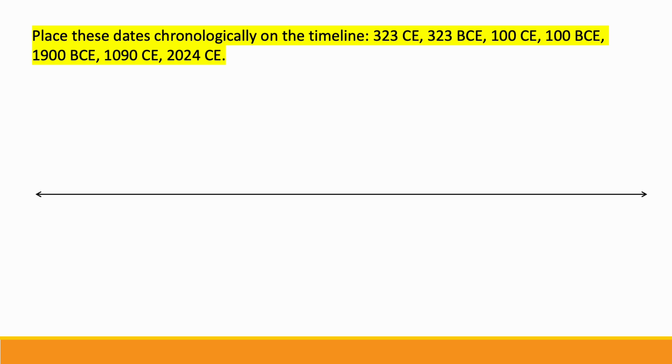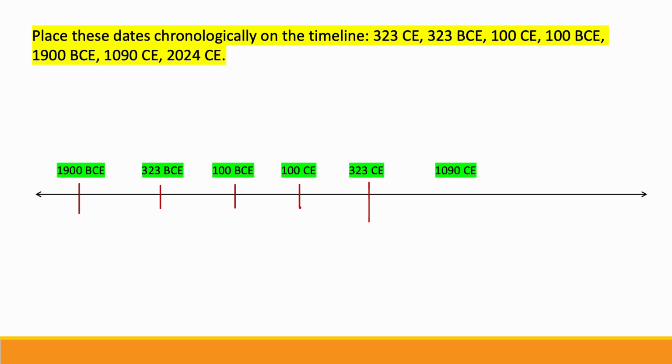Then place 100 CE here. Then before 100 CE, we have 100 BCE. Then before that 323 BCE. Then 1900 BCE. Then after 100 CE, we have 323 CE, then 1090 CE, then 2024 CE. So, this way we can arrange the dates chronologically.